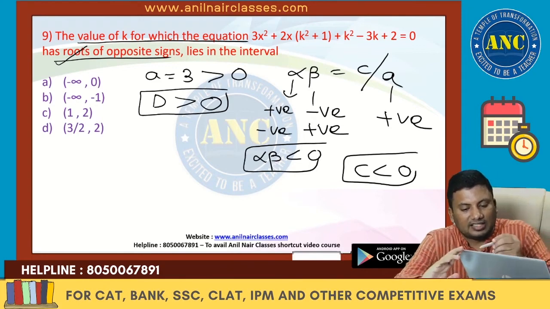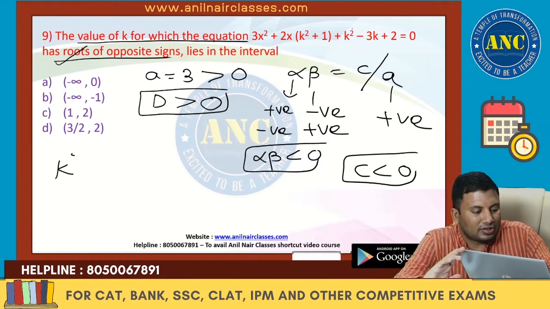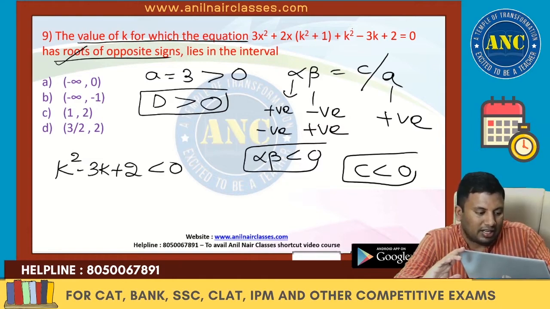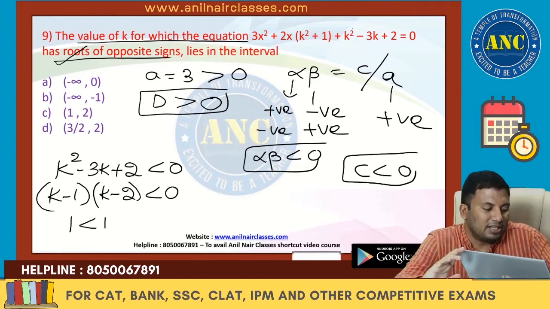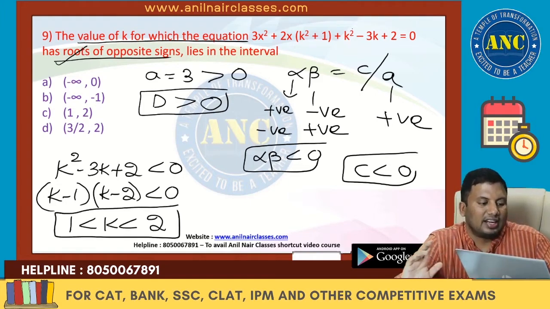What is C? C is nothing but k square minus 3k plus 2. It is less than 0, so k minus 1 into k minus 2 is less than 0. Less than means k lies between the values: 1 less than k less than 2.